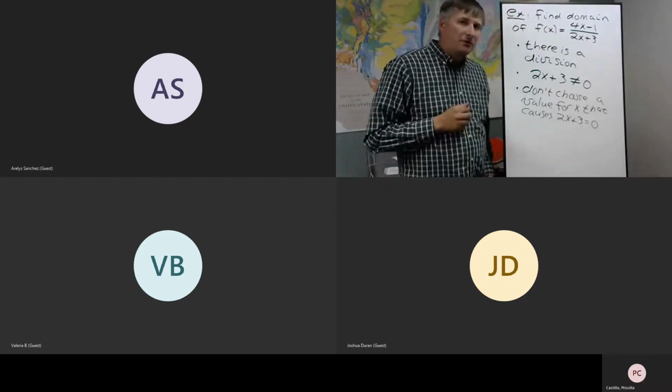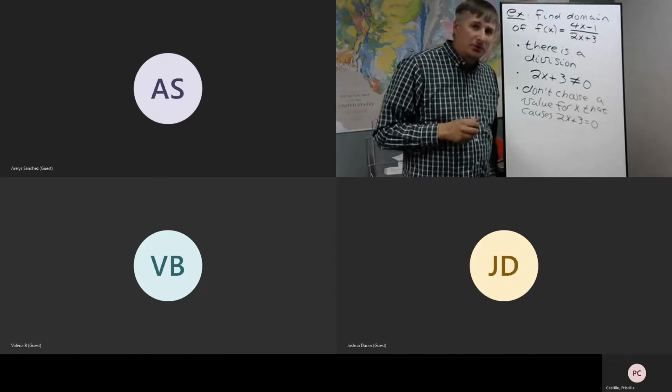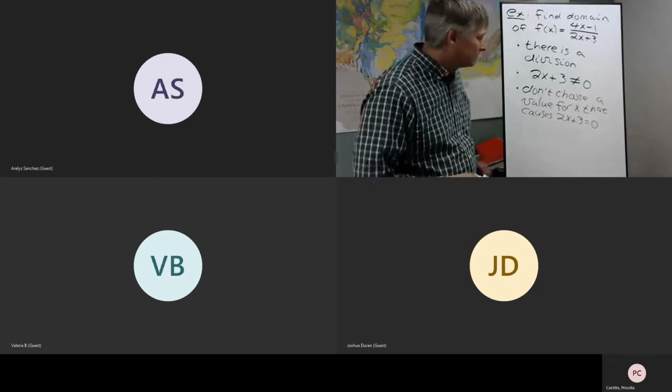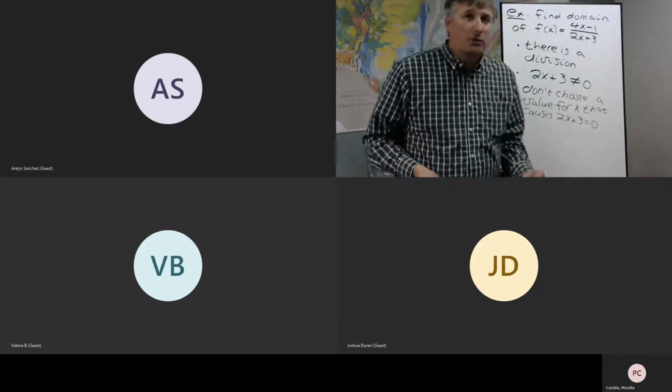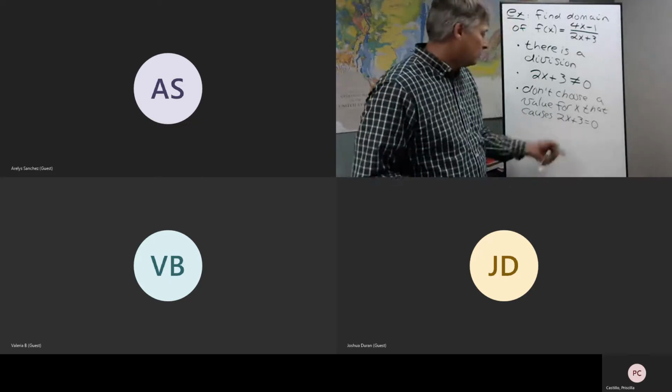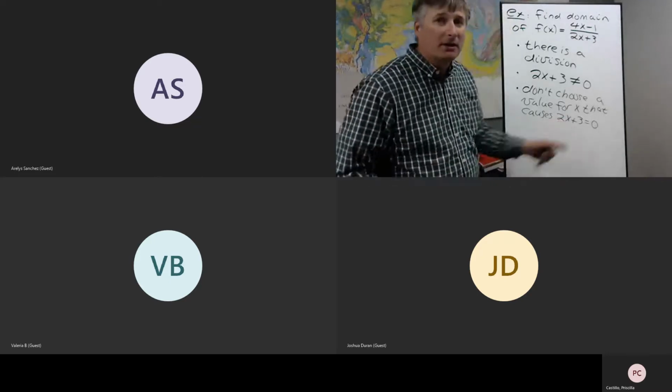We don't want to choose a value for x that causes 2x plus 3 to be equal to 0. So what value of x do we want to avoid? Well, let's solve for x to find out.